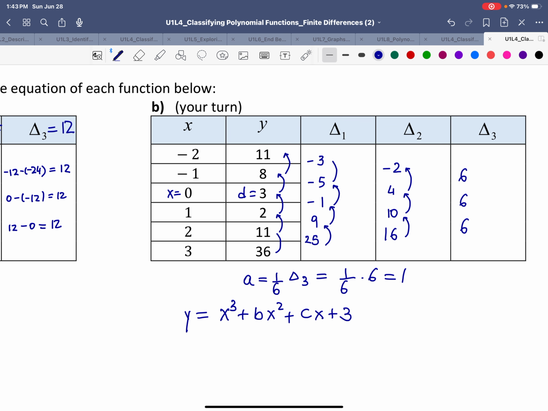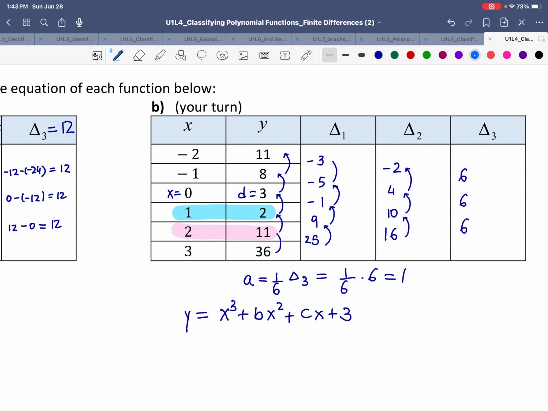So we're going to use the ordered pairs right here. We're going to choose (1, 2) and (2, 11). And we're going to take it from there. And we are going to substitute 1 and 2 first.